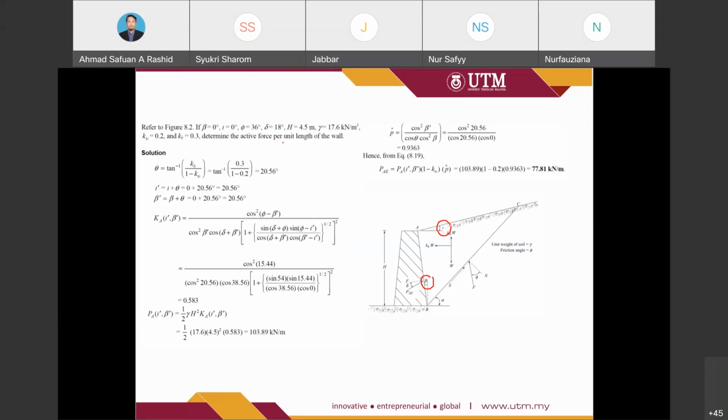Determine the active force per unit length of the wall.